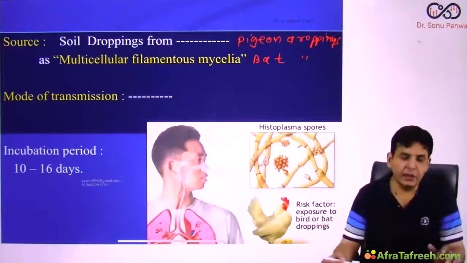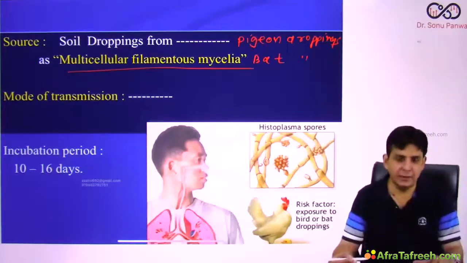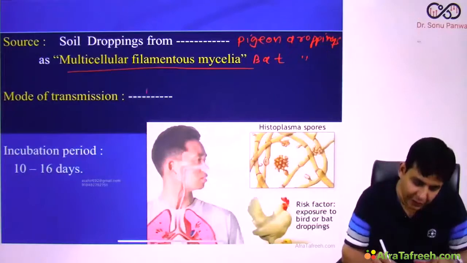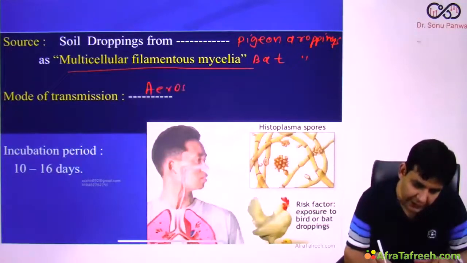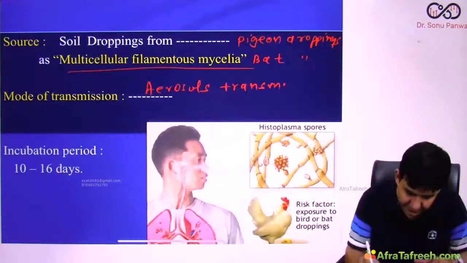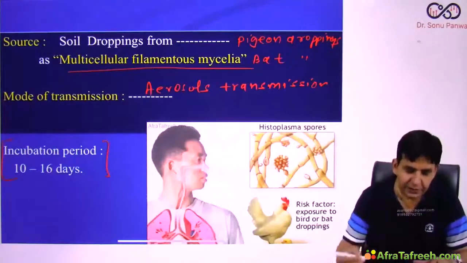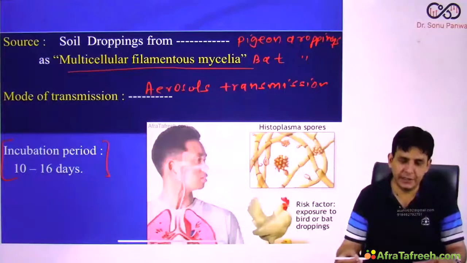In all these droppings, this particular fungus is found in the form of multicellular filamentous mycelia, and the mode of transmission obviously is through aerosols. Aerosol transmission happens here, and the incubation period is 10 to 16 days.